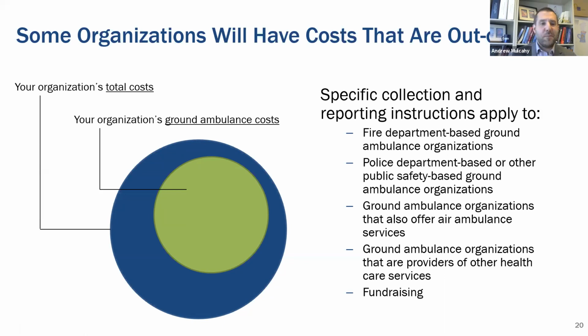But it's a great example of an activity, expenses and revenue that are just out of scope and should not be included in GADCS. There are a couple other examples where there are activities like fundraising that are as a rule excluded. There are other examples like fire department operations, where there are some places where you'll be asked to report on fire activities separately, for instance, in the labor section, and others where it'll be out of scope.